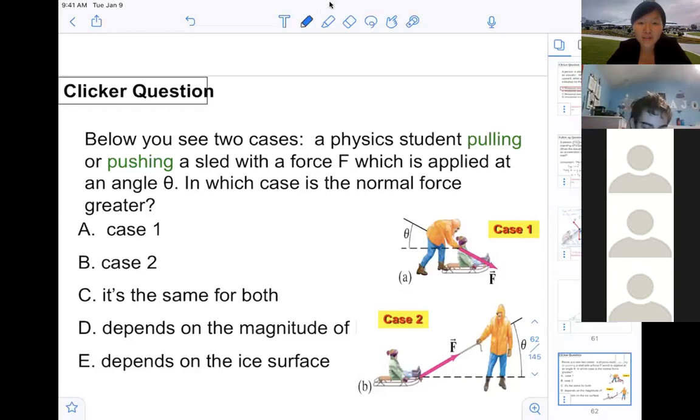Okay, any thoughts here? The normal force in both cases. Oh, because one's downwards. Depends on the ice surface. No. What it says depends on the magnitude of F, the magnitude of the force.